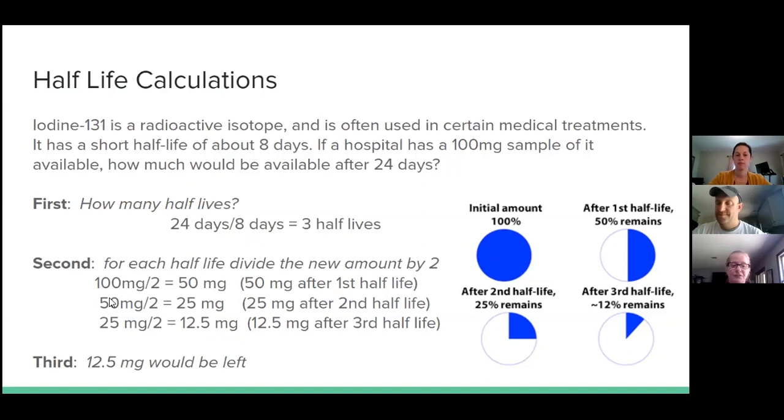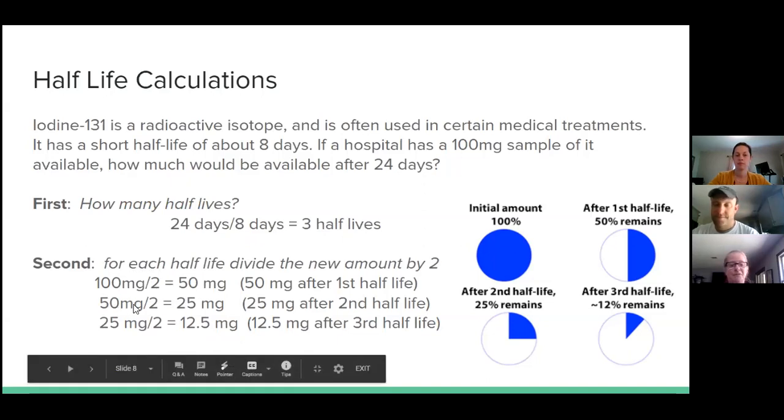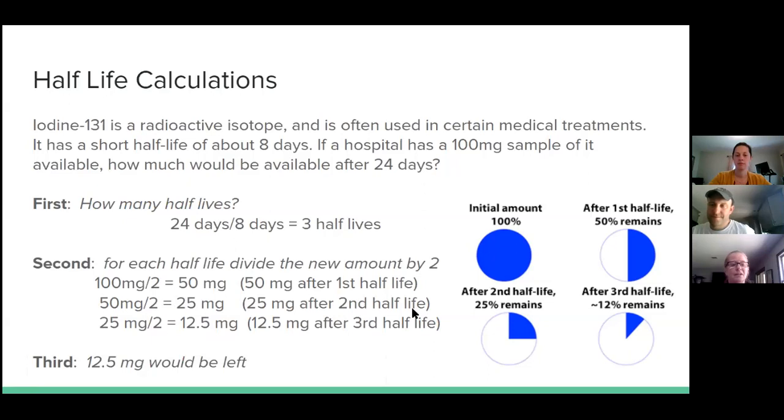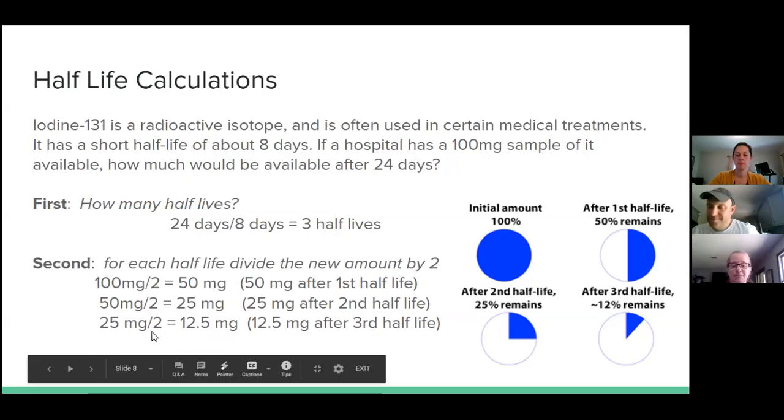You take that 50, because that's your new sample, divide it by 2, and now you have 25 milligrams after the second half-life. Take that 25, divide it by 2 for 12.5, which means after your third half-life, your sample would be 12.5 milligrams.